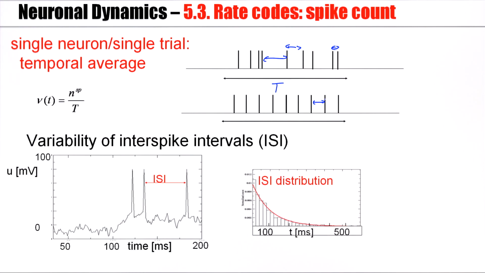So the interspike interval distribution measures the variability of the firing, or it's a measure of the regularity. This would be a regularly firing neuron, a regular spike train, and this would be a rather irregular spike train. An irregular spike train is characterized by a broad distribution of interspike intervals. The interspike interval distribution accounts for the regularity or irregularity of a spike train.